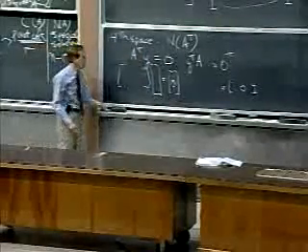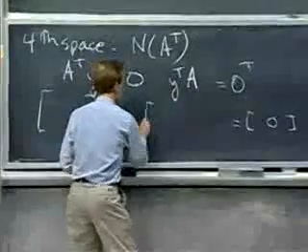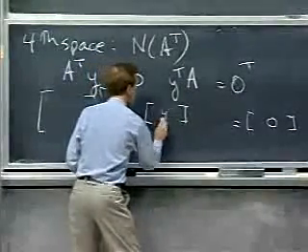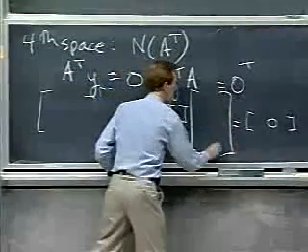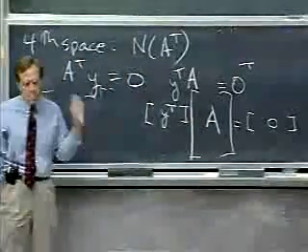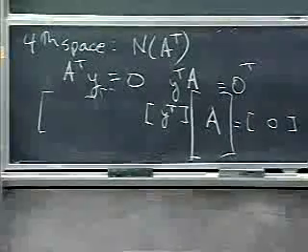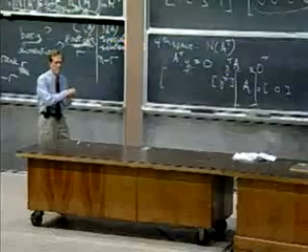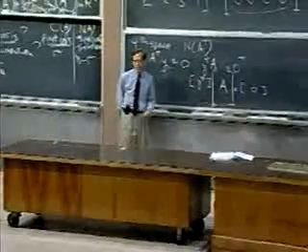Now, do you see what I have now? I have a row vector, y transpose, multiplying A, and multiplying from the left. That's why I call it the left null space. But by putting it on the left, I had to make it into a row instead of a column vector.